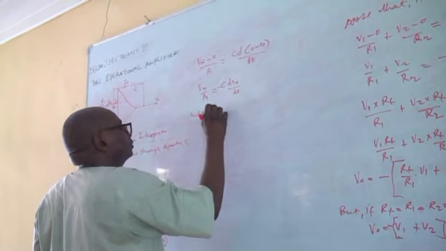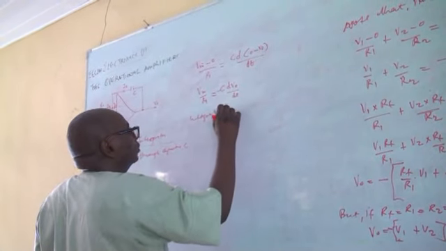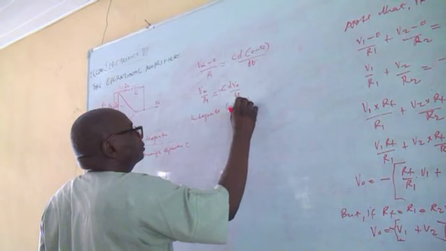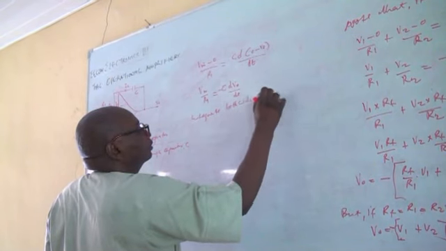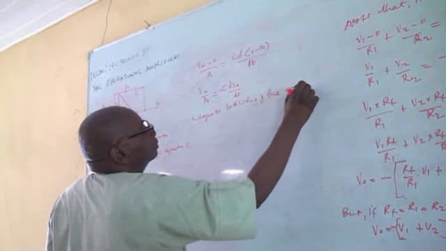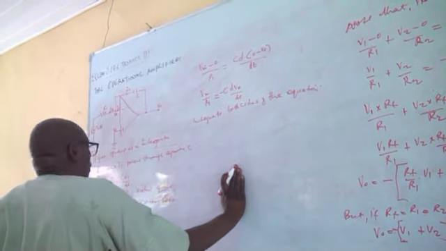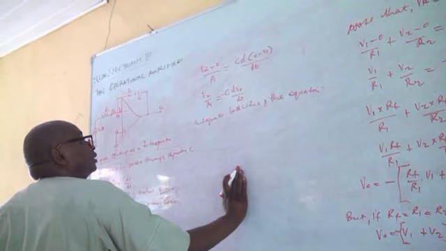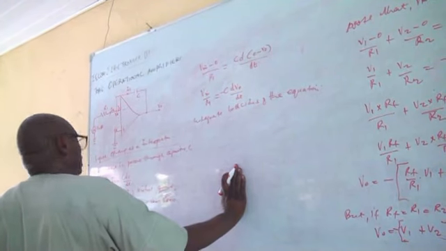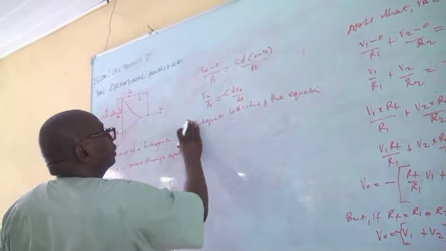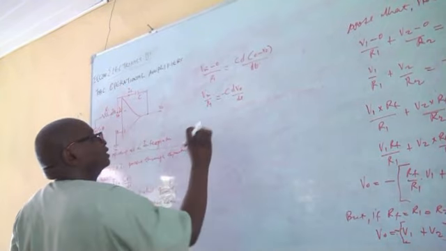So when we have that, what we're going to do is integrate both sides of the equation. But before you integrate both sides, there's something that you need to do.